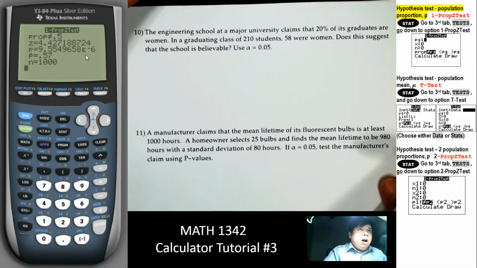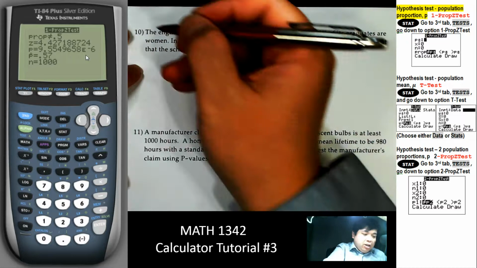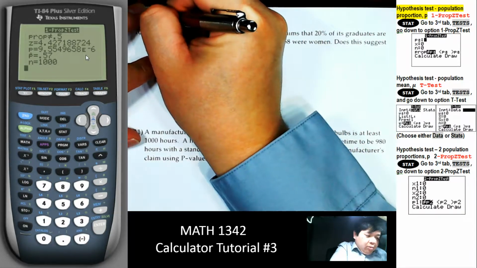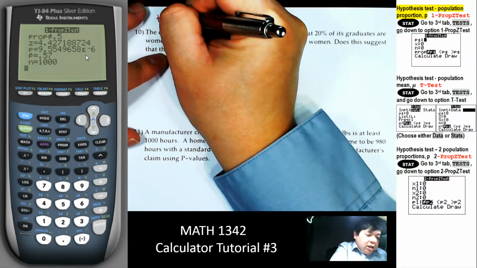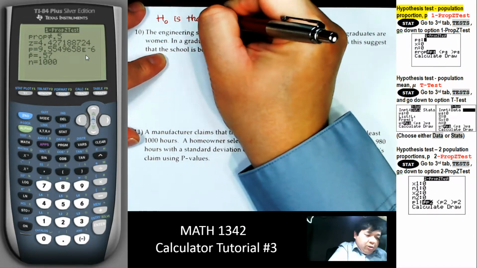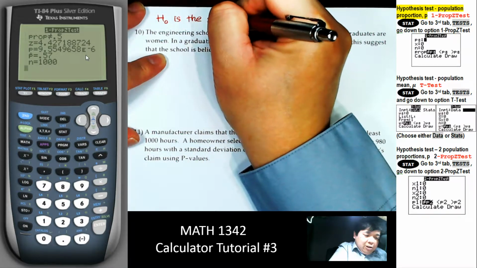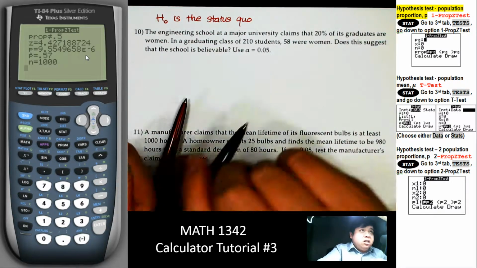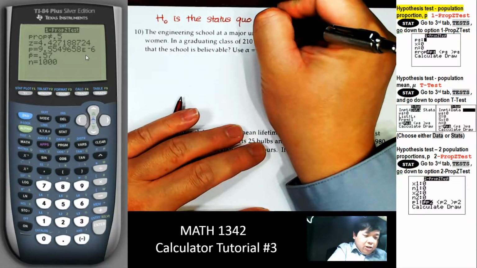The summary of hypothesis testing with the p-values. I wrote this in class. So the null hypothesis is the status quo, meaning it has the equal sign.